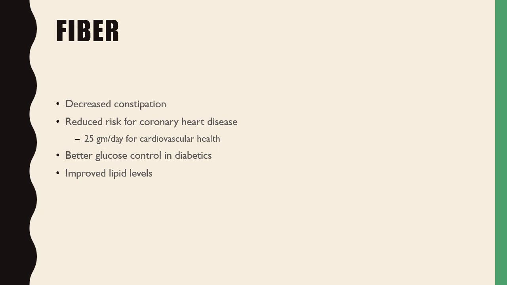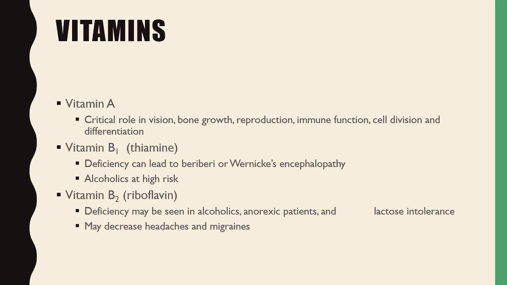But a lot of patients don't need quite that. What they really need is to eat better and eat different foods. So before you start going down the path of stool softeners and Miralax, you can always consider the basics, which is fiber. Let's talk a little bit about vitamins, equally important.